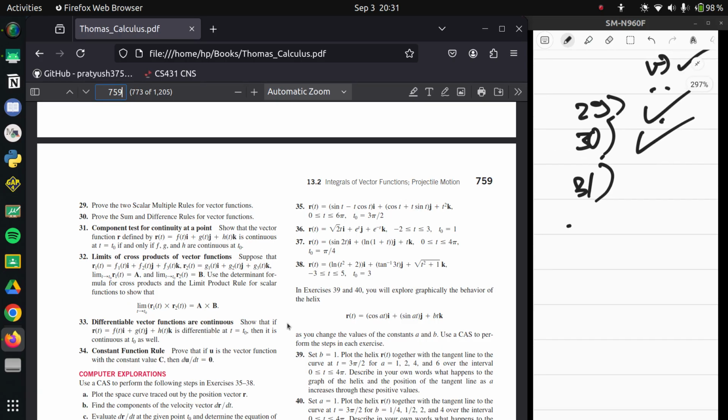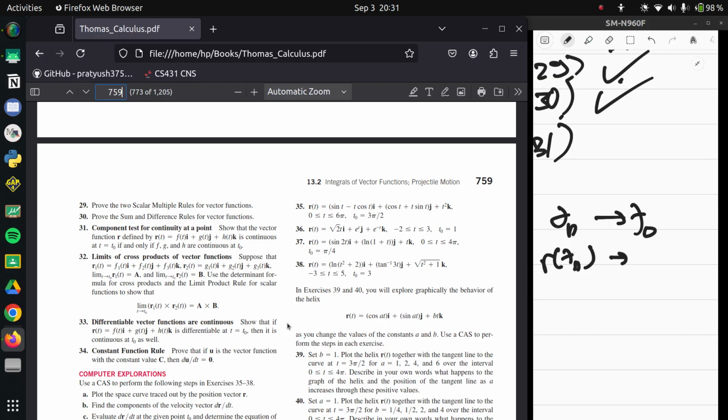So basically every sequence tn which converges to t0 should have your r of tn converging to r of t0. That's continuity, I suppose, right?